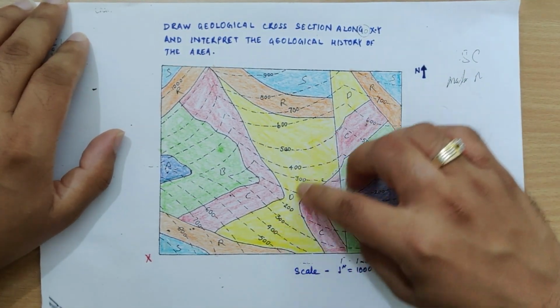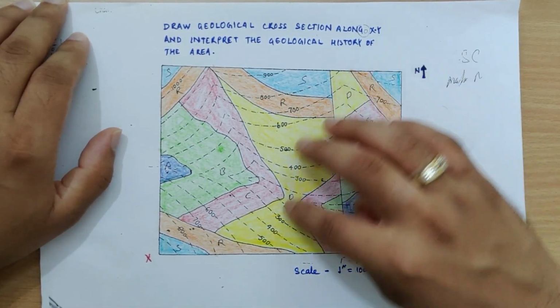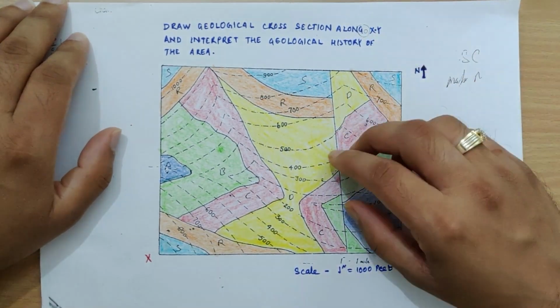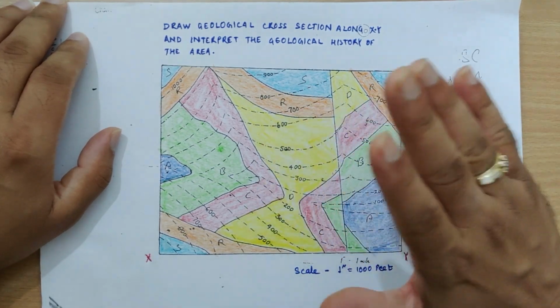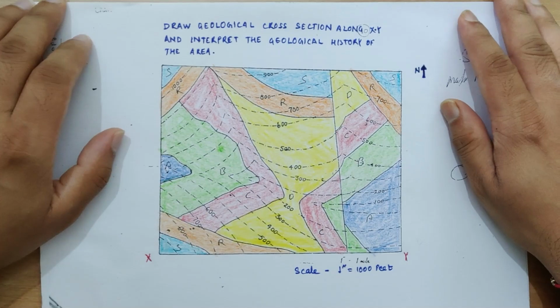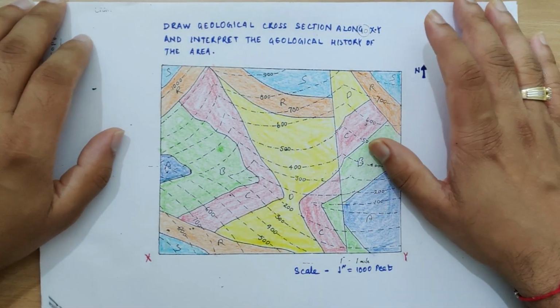So this line in between bed D is representing an imaginary line, the axis of an anticline or syncline, we will know later on, but we are clear that this one is a fold. What type of fold? That will be determined by drawing the strike lines at both the limbs.